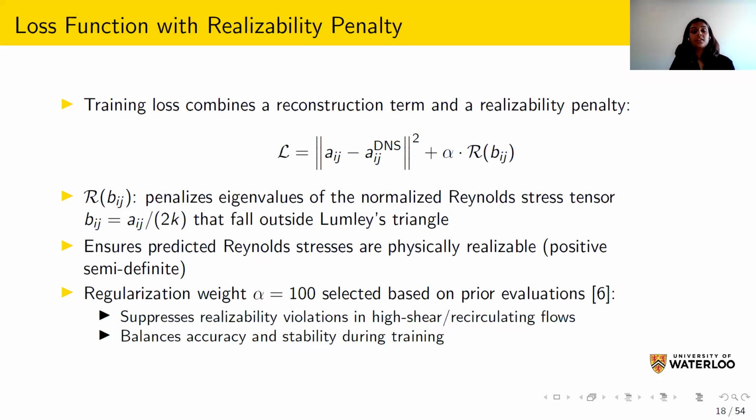The reason why we penalize values that are non-realizable is because we want to make sure that the Reynolds stresses that are predicted are physically realizable, which means they're positive semi-definite. And alpha is a weight that we selected based on some prior evaluations, and we go with the value of 100. This just penalizes the architecture super heavily if we're outside, in the non-realizable zone.